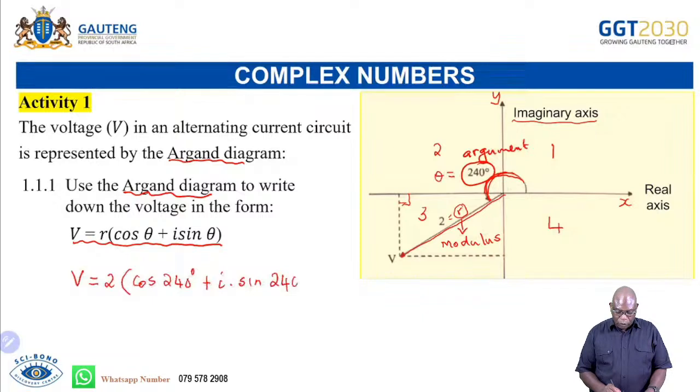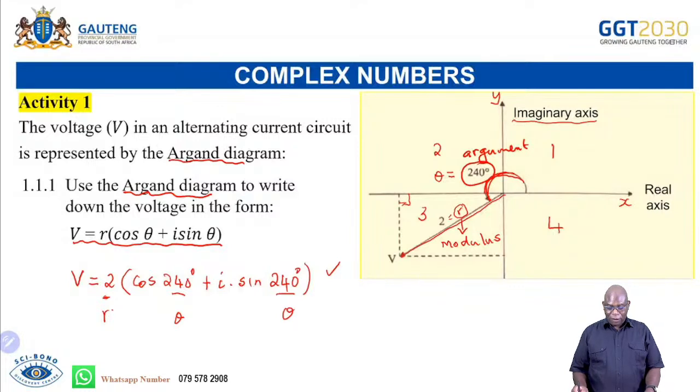We only needed to write this in this form. So the voltage will be R cos theta plus i sine theta, where the value of R is 2 and the value of theta is 240 degrees. So we write it in that form.